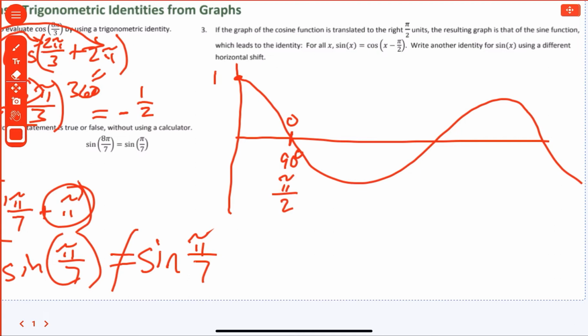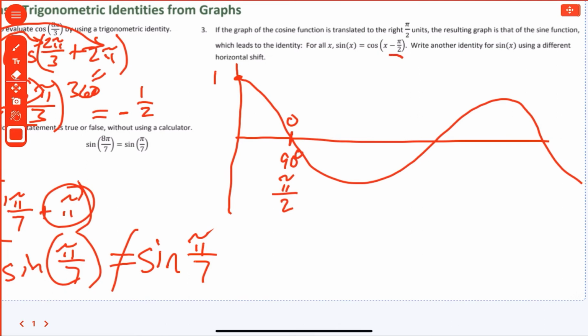The resulting graph of that sine function leaves the identity sine of x is equal to the cosine of x minus pi over 2. Write another identity for sine of x.